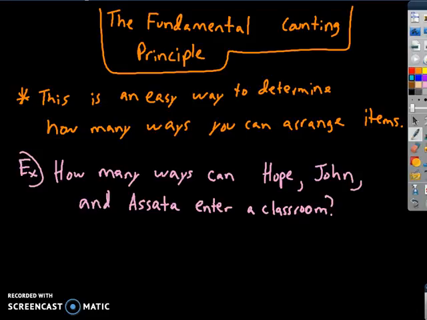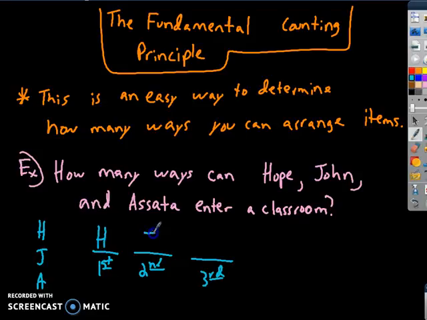So let's think about this. You got 3 students, Hope, I'm using H for Hope, J for John, A for Asada. So you got the first person, second person, and third person in order. So the first person, it could be Hope.